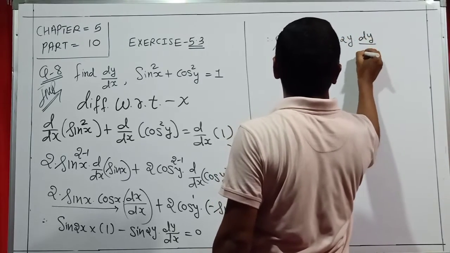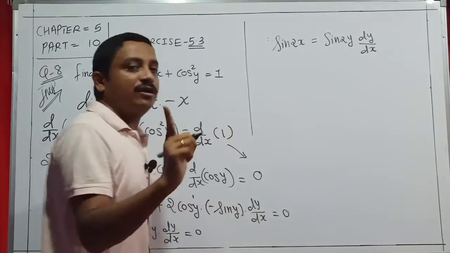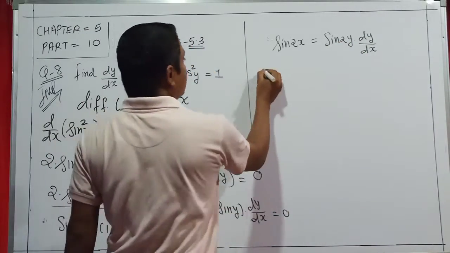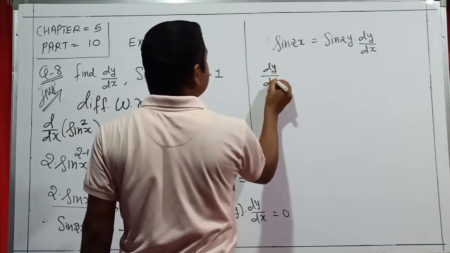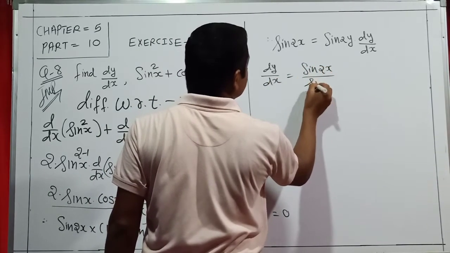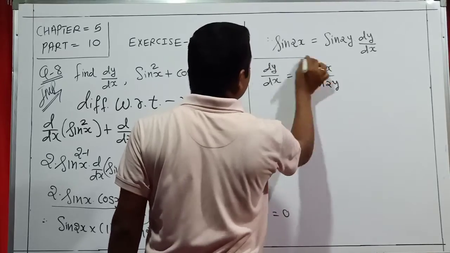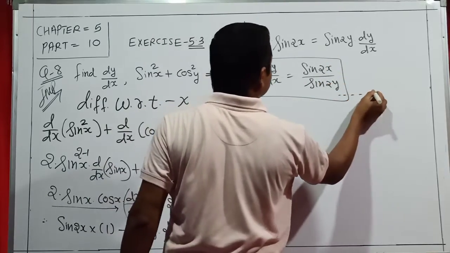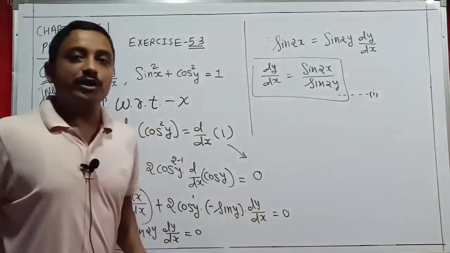So students, one answer is easily done: dy by dx is equal to sin 2x by sin 2y, and that's your answer. You get equation number 1.